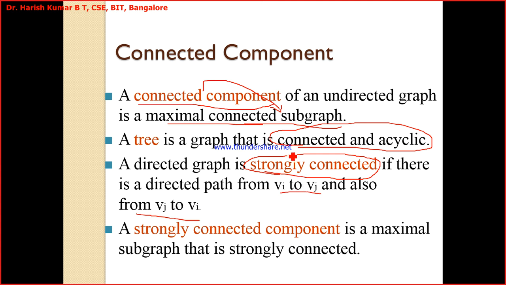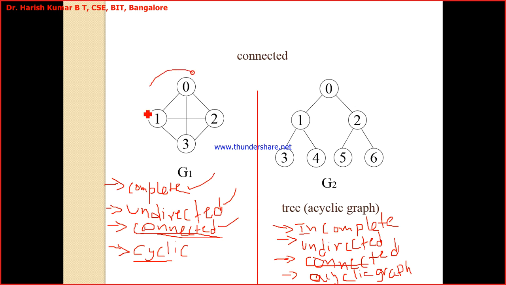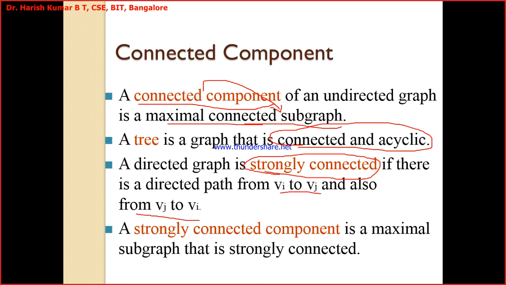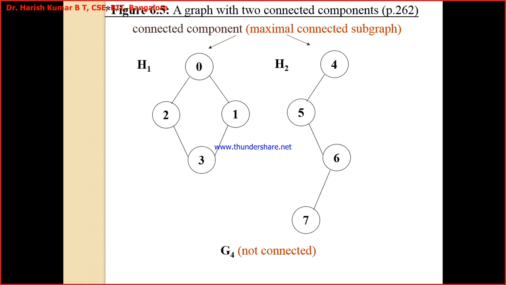Connected you can say for an undirected graph also, but strongly connected needs a directed path in both directions. A strongly connected component is a maximal subgraph that is strongly connected. We'll look into the examples now.